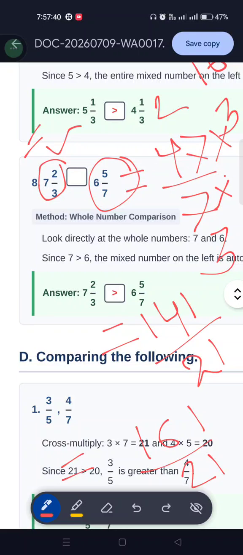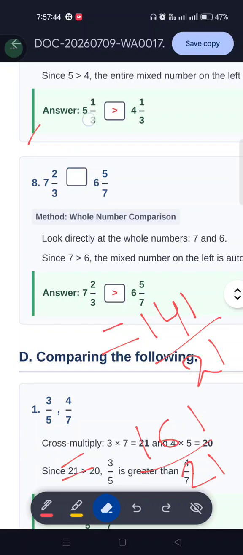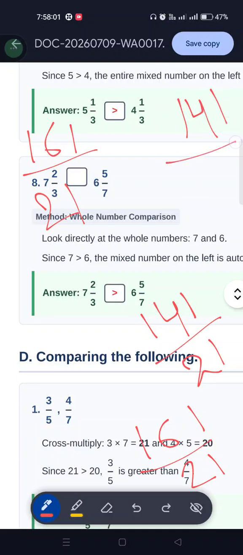So now we have got two fractions, which are 141 upon 21 and 161 upon 21. You can write these two like this, 161 upon 21 and 141 upon 21.